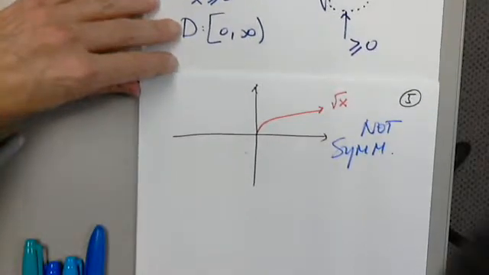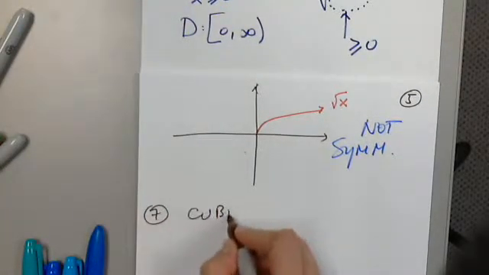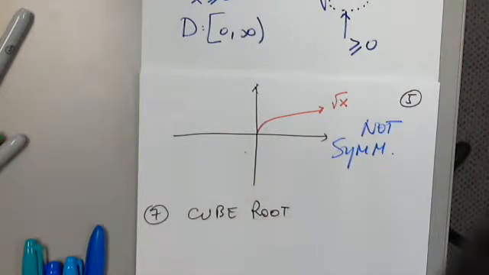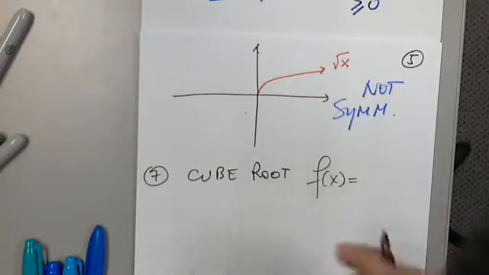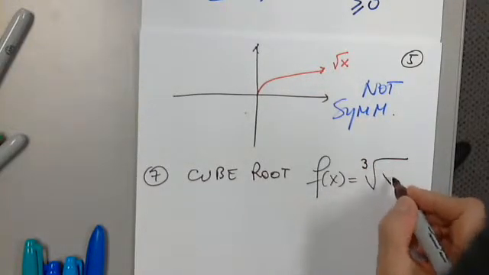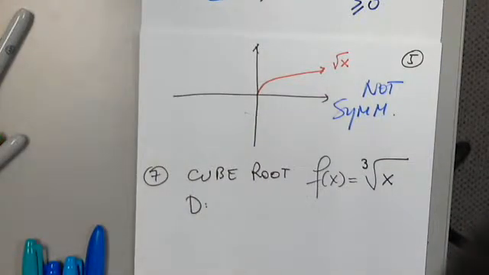Final function, number 7, cube root. Can anyone give us the simplest possible cube root function? We have to talk about domain. Let's think for a moment. In the previous function, I was not allowed to plug in -5. It doesn't exist.